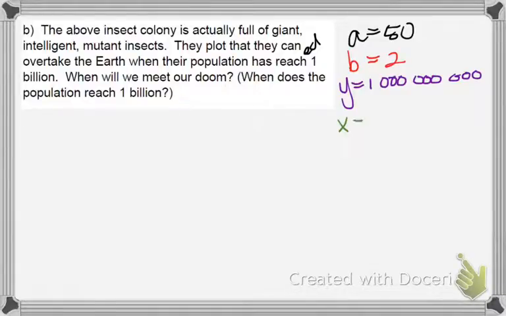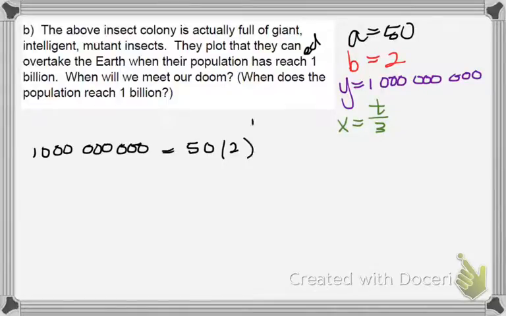We don't know the total time it will take for the population to reach 1 billion, but we do know that it doubles every 3 days. So let's plug in what we know: 1 billion equals an initial population of 50 times 2 to the exponent t over 3.